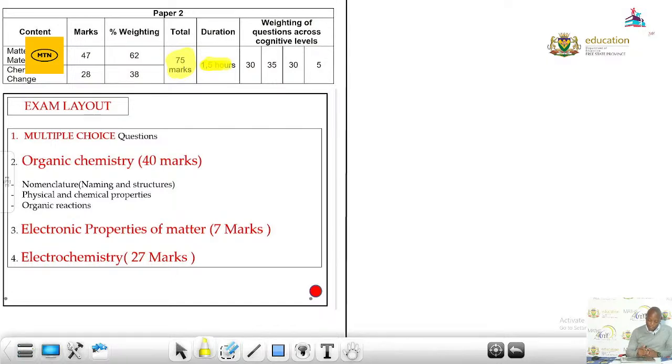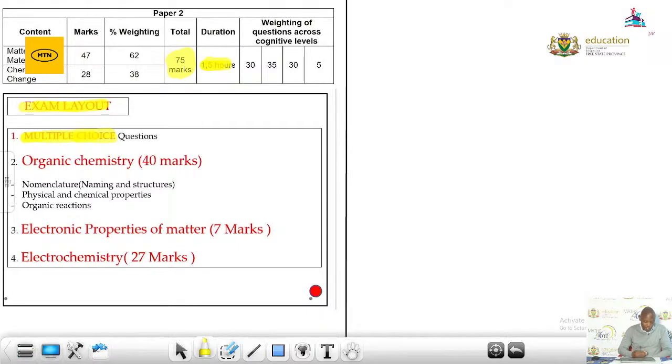In a situation where you have this time given, it is critical to time yourself such that you can complete the exam in the given time. With the exam layout, we expect to have question 1, which will be multiple choice.